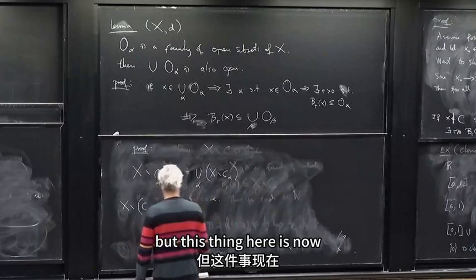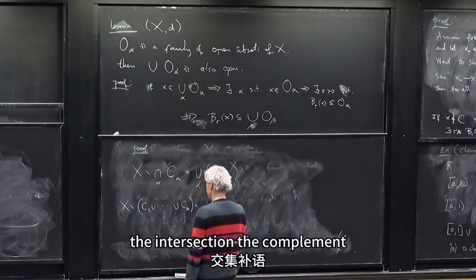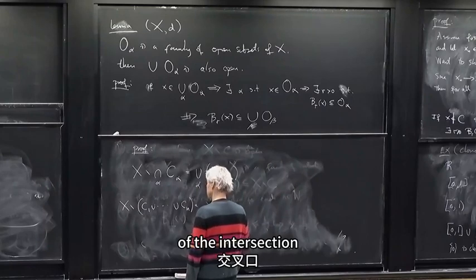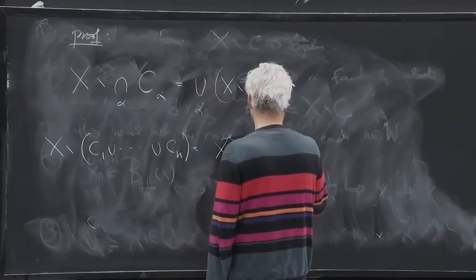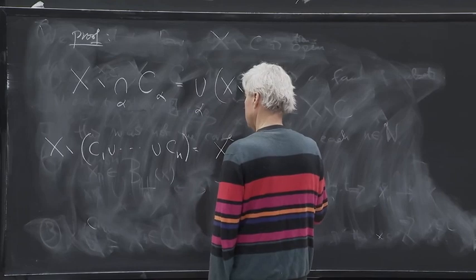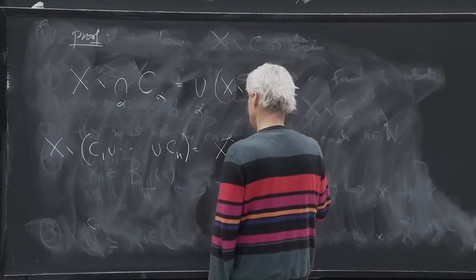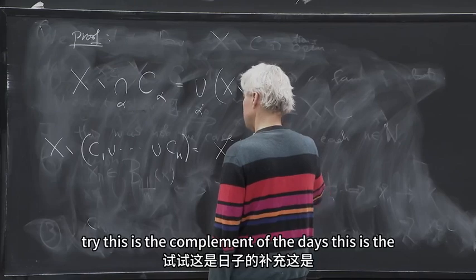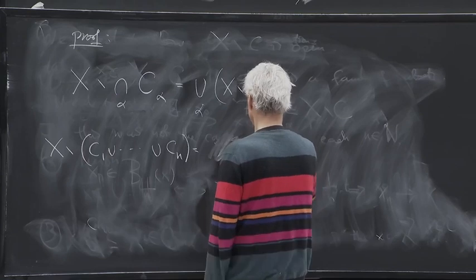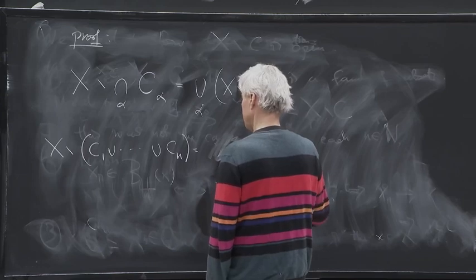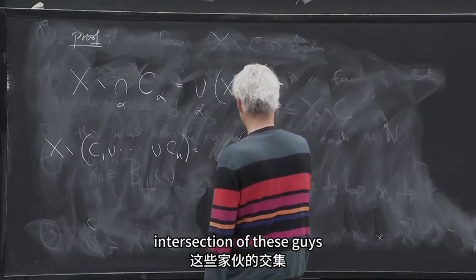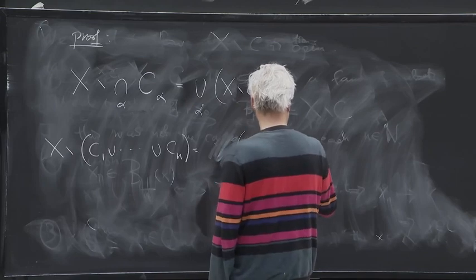But this is now the intersection: the complement of the union of C1 up to Cn is the intersection of the complements of these guys, like this.